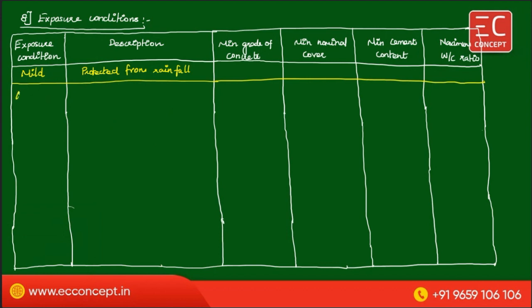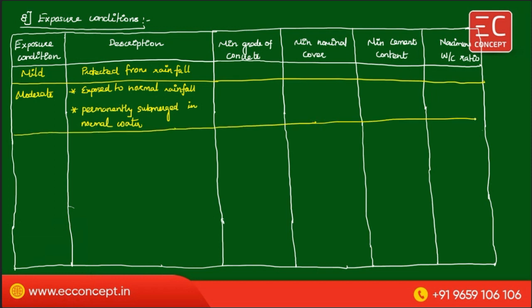Next one is moderate. The moderate exposure condition is exposed to normal rainfall, or permanently submerged in normal water. This is the case of moderate.